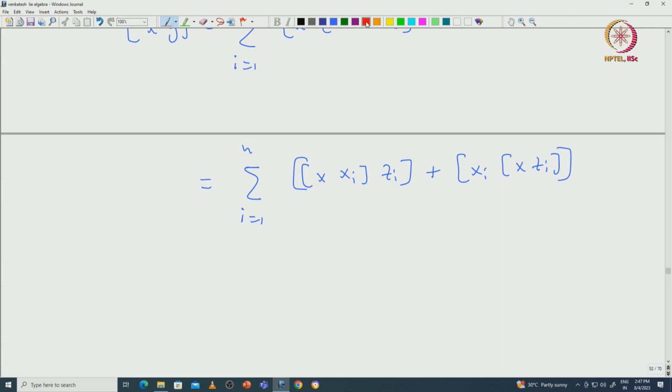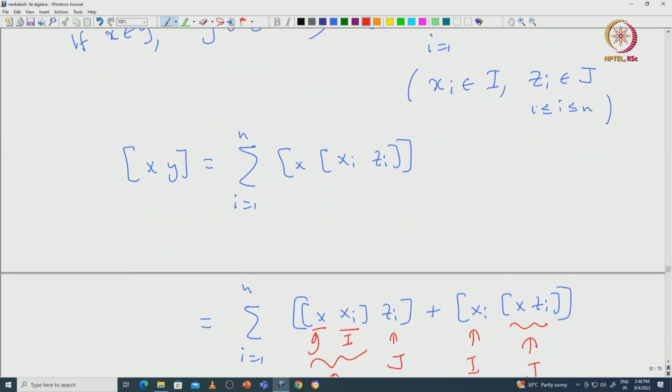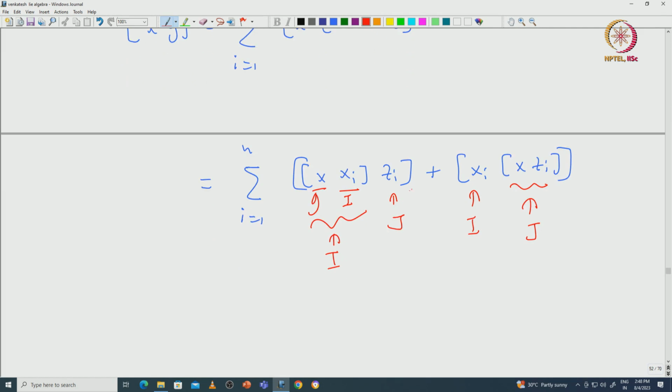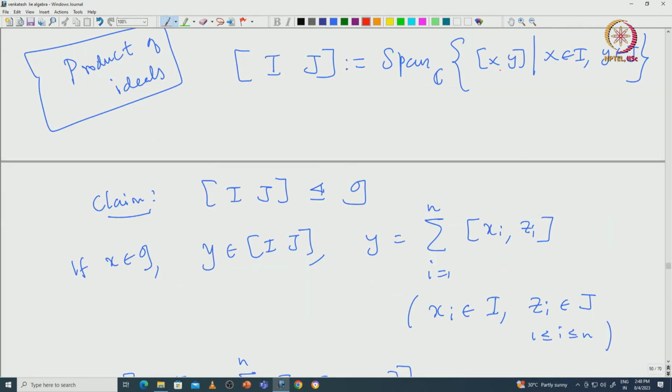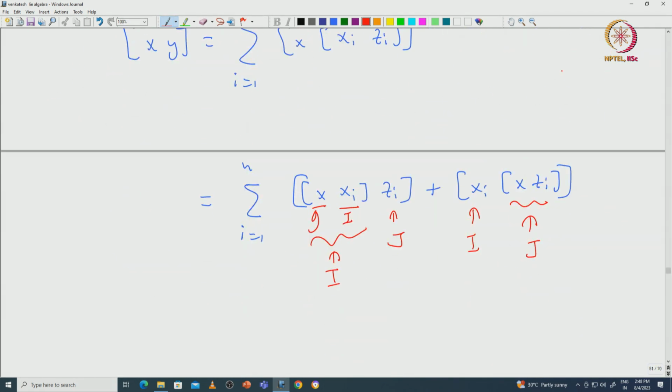Now look at this element: since x_i is in capital I and x is in G, the bracket [x, x_i] will lie inside I, and then z_i is inside J. Similarly, [x, z_i] lies inside J and x_i lies inside I. So, again this is a commutator of two elements, one from I and another from J. Similarly, here it is a commutator of one element from I and another element from J. So, [x, y] is written as a combination of elements of the form [x, y], where x is coming from I and y is coming from J. That implies [x, y] is in the bracket [I, J].